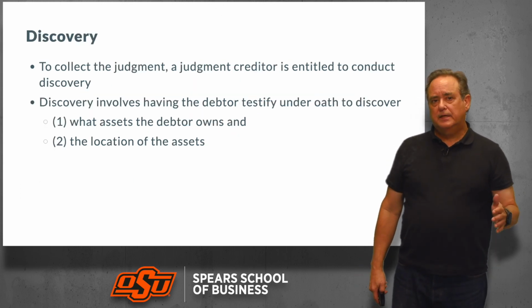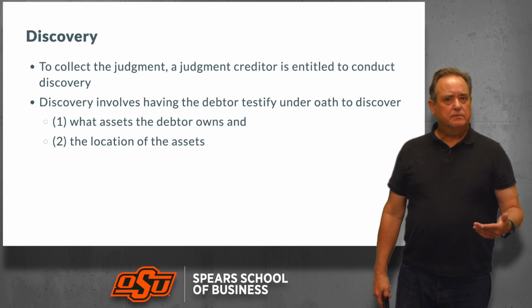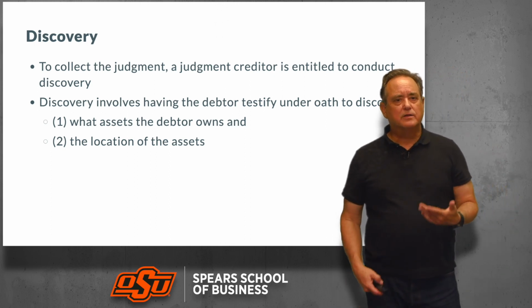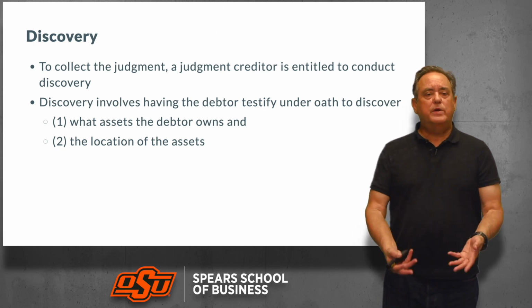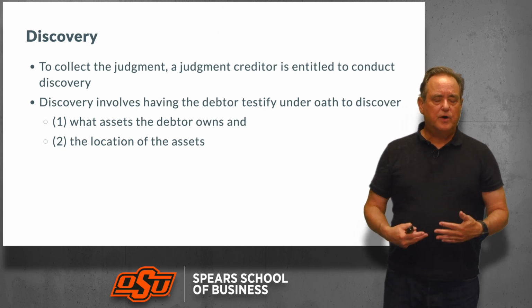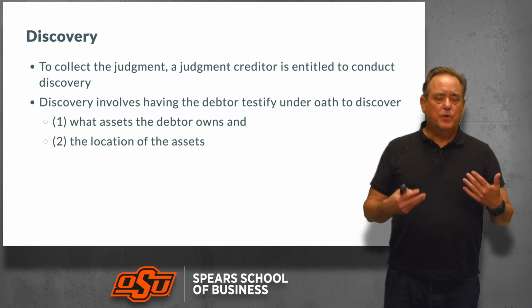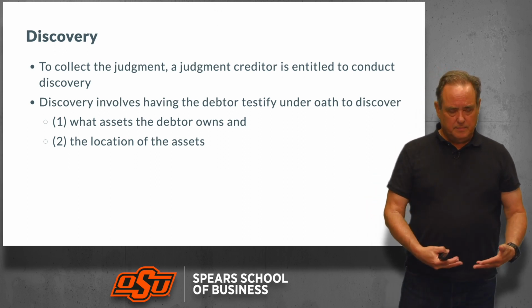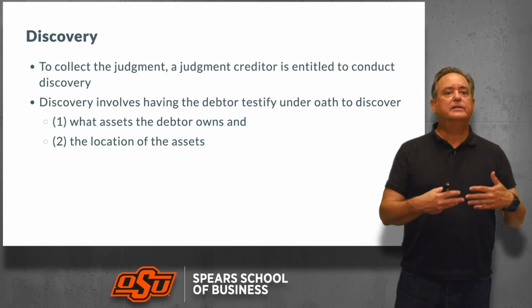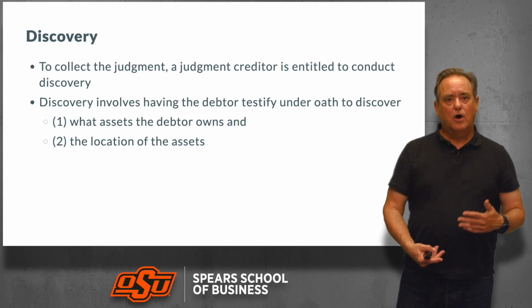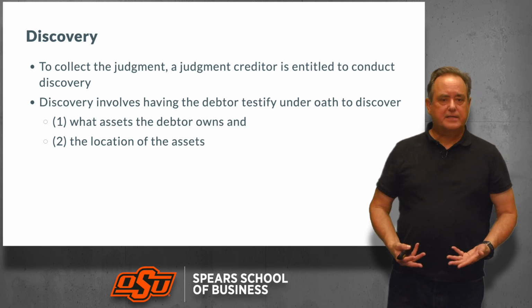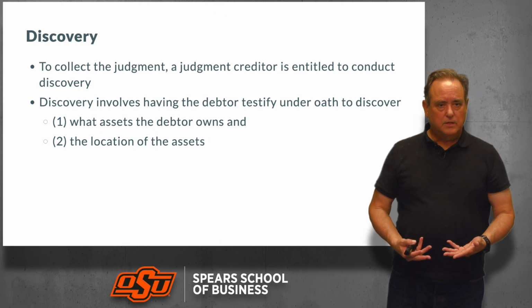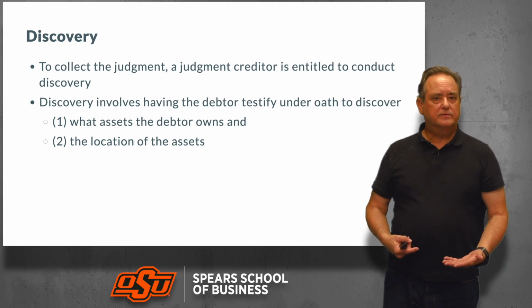Discovery. To collect on a judgment, a creditor is entitled to conduct discovery. Discovery is a process in the law by which we obtain information from the other party. So if we have a lawsuit designed to collect on a judgment, I am entitled to ask that debtor, what properties do you have?